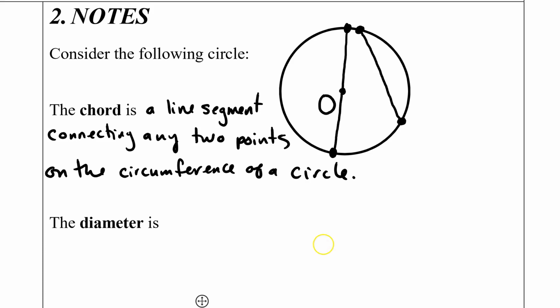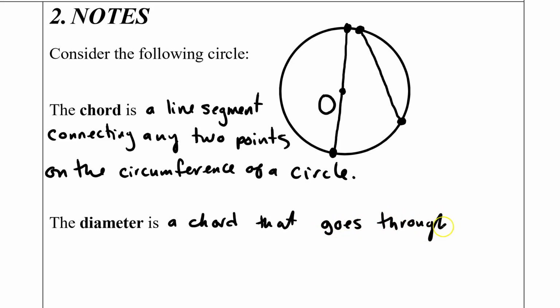So a diameter is a chord that goes through the center of a circle. So both of these are chords, but the diameter is a very special kind of chord.